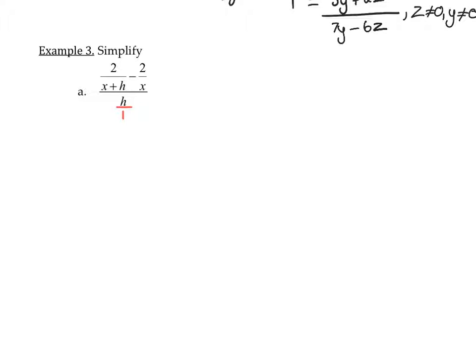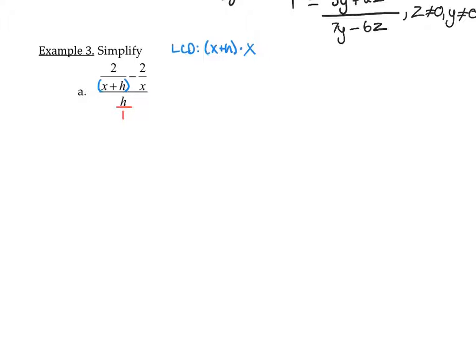I'm going to identify my lowest common denominator. Looking at all my denominators, I have x plus h, x, and 1. X plus h does not factor, so I'm just going to put parentheses around that to show me that it's already factored. Since x plus h and x do not contain any common factors, the LCD is simply the product of the factors of the denominators, so x plus h and x.